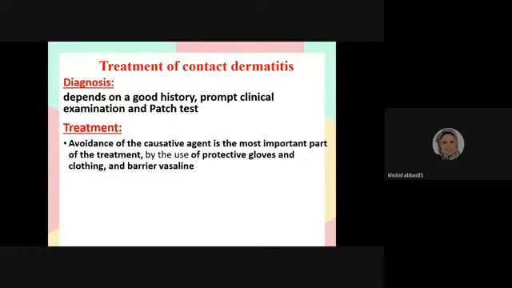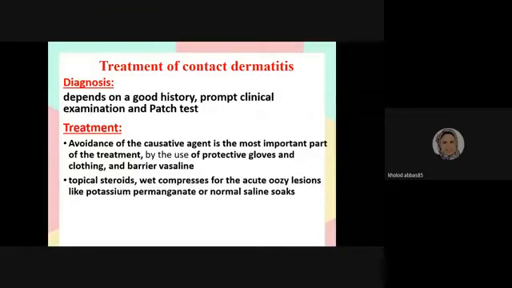For treatment, avoid the causative factor if possible, know what that factor is and avoid it, and use protective gloves and clothing and barriers such as Vaseline. In the acute stage, we can use topical steroid and wet compresses in oozy lesions, and topical emollients for chronic conditions.